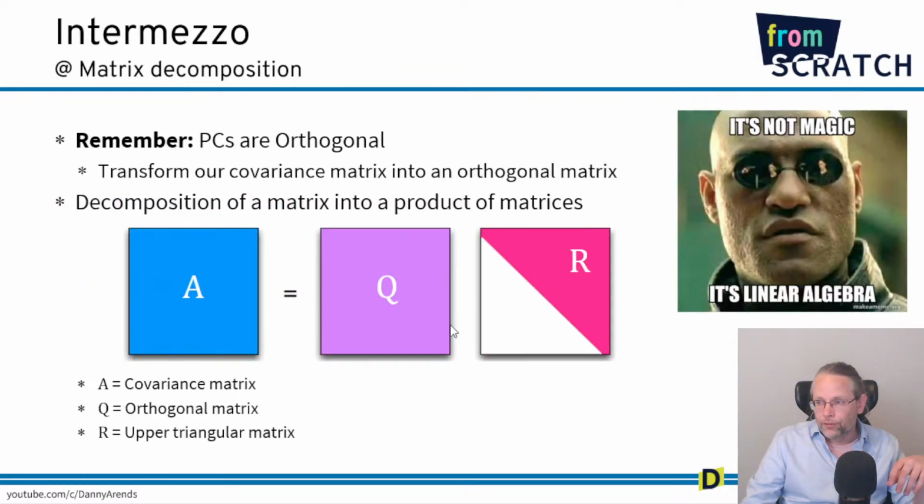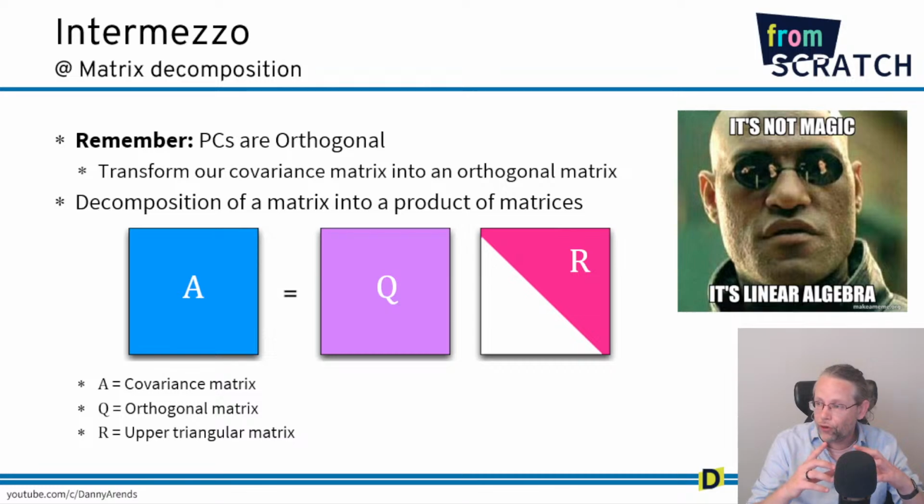All right, so this is going to be the hardest part because we need a third function. The third function is going to be the matrix decomposition function because PCs are orthogonal, right?